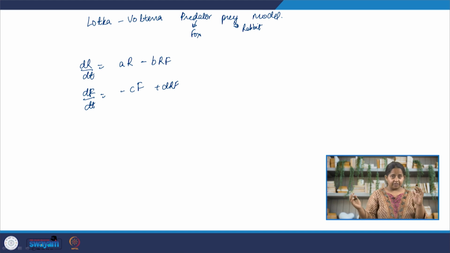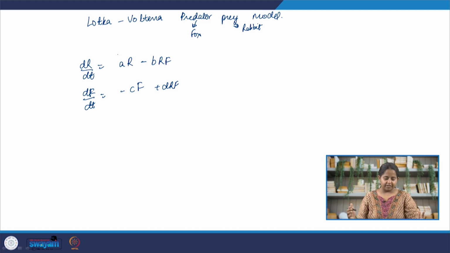Very quickly, let's try to understand this model before I show you its limitations. You can see that the rabbits, if there are no foxes, are going to multiply, because this is not a logistic model. The growth factor is not logistic, it's exponential, to make life easy right now.